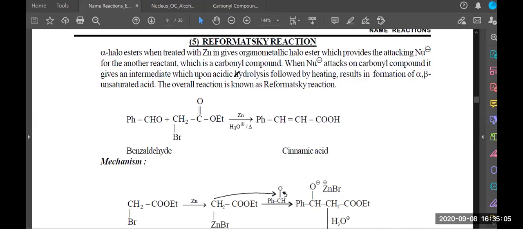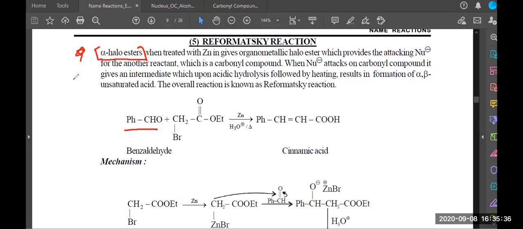So when you talk about this reaction, as I told you, whenever you make notes of your name reaction mechanism, you have to see what your reactant is. Reactant is benzaldehyde and alpha haloester. Remember this, alpha haloester.